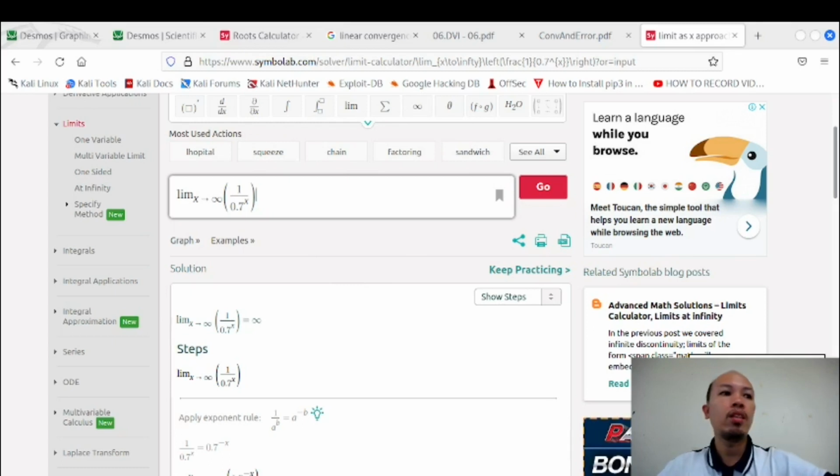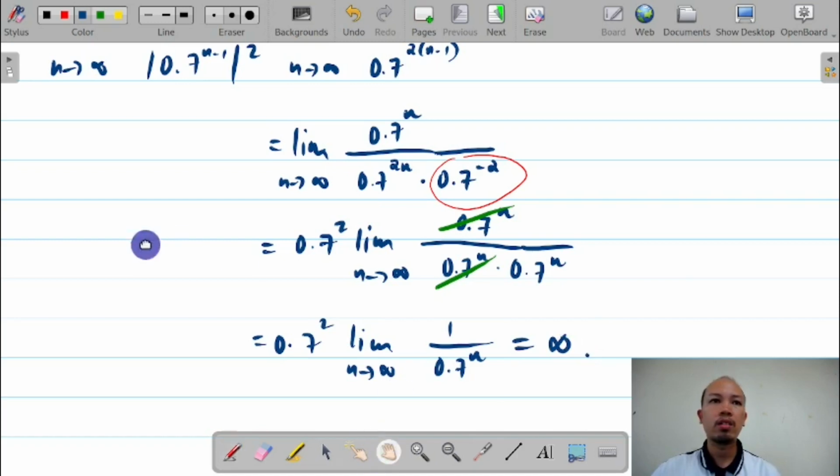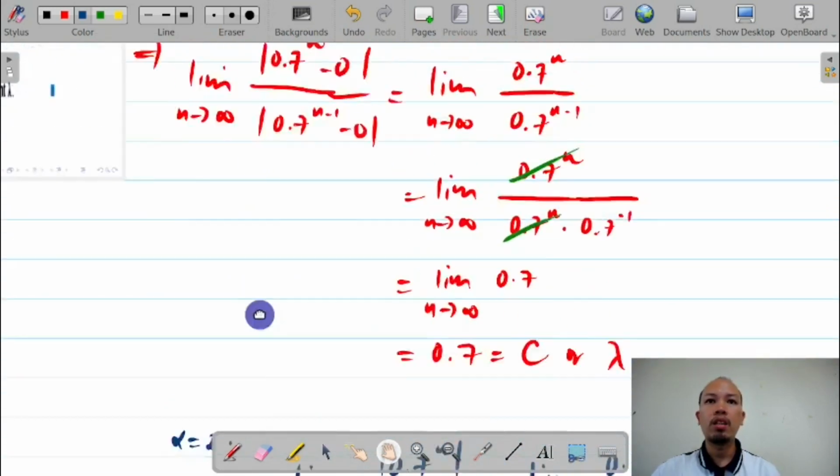So as you can see in our calculation, this is infinity. Okay, it diverges. So if you try alpha equal to 3 and so on, it will not work.